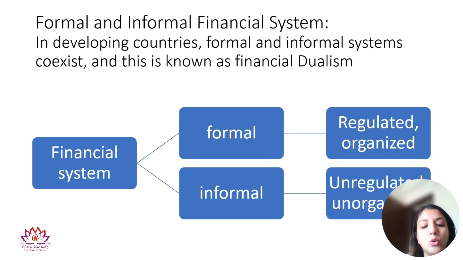So if you want to apply for a loan, you will follow a proper sequence of steps in the bank and then the loan will be processed. Now the informal financial system is unregulated and unorganized. There is no proper sequence or system to be followed. For example, the local lenders. Local lenders form the informal financial system of the country.